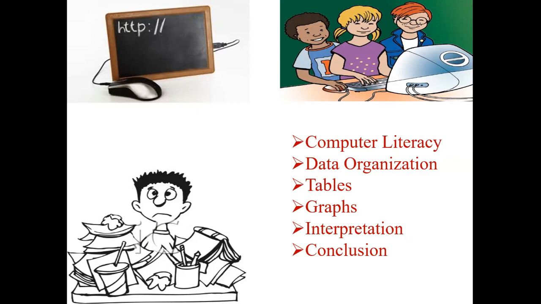Sometimes some researchers ask a professional to do the data analysis. They give some tables, graphs, and all the interpretation. And being a researcher, if we are not statistically sound, not digitally sound, then we get confused.